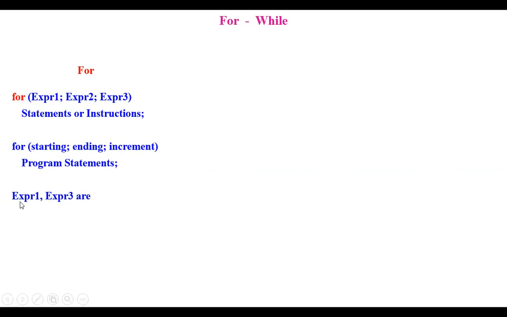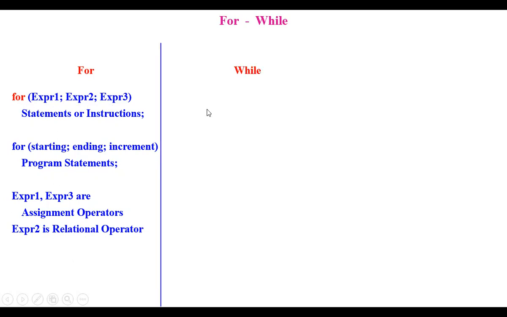So coming to this, expression 1 and 3, these two are assignment operators, and the second one, expression 2, is the relational operator. They come like this: expression 1, 2, 3, like this in the for loop. In the while loop, this initialization is done prior to that.